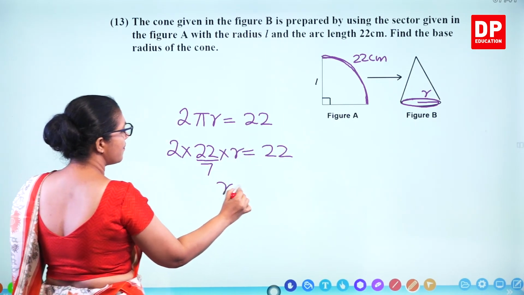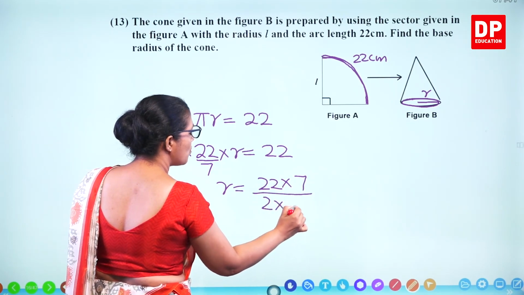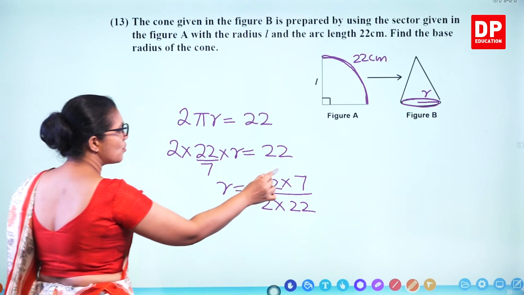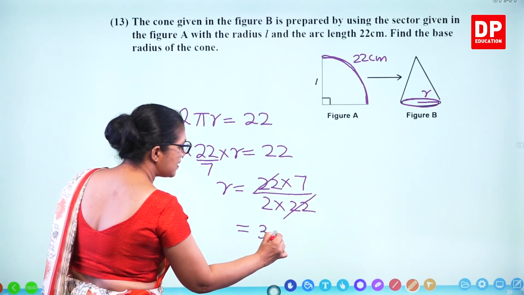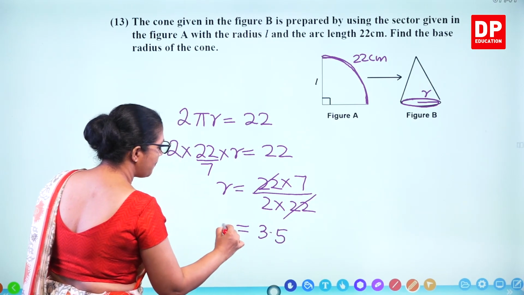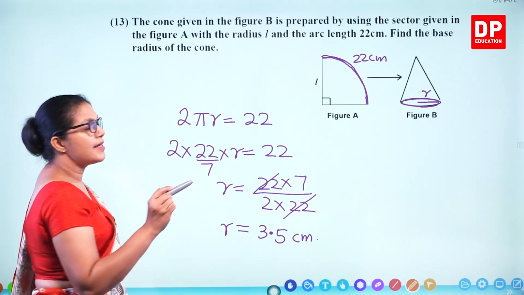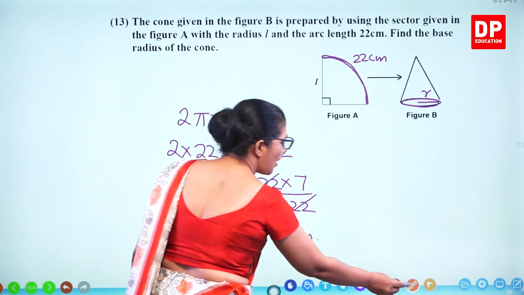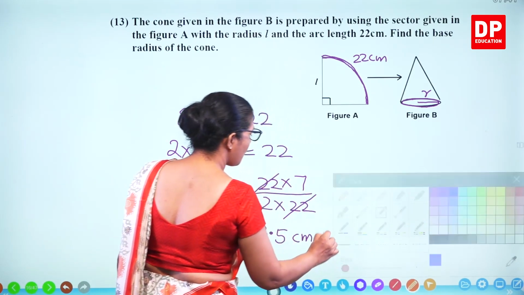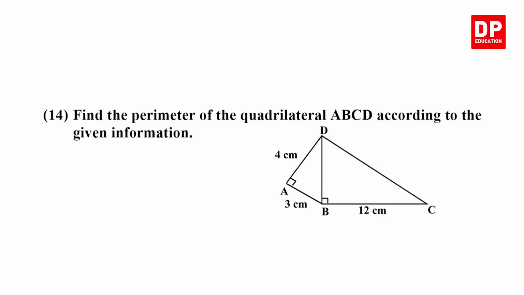So what's r? 22 times 7 divided by 2 into 22. You get 7 over 2. That means 3.5 centimeters is the radius of the cone. So 1 mark for the answer and 1 mark for the method.